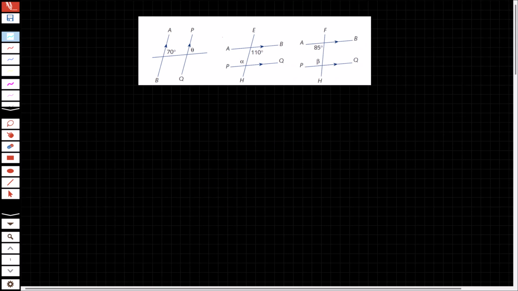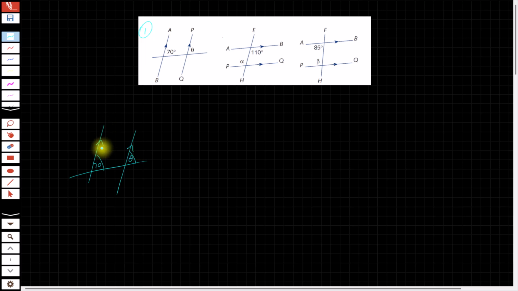In this video we're going to look at solving for the missing angles on these sets of parallel lines. For the first one, number one, we have two parallel lines going in the same direction, and one line cutting through those parallel lines. The arrow means they're parallel, which means those lines are pointing in the same direction. We're given this angle here, 70 degrees, and we're asked to find the angle theta here.